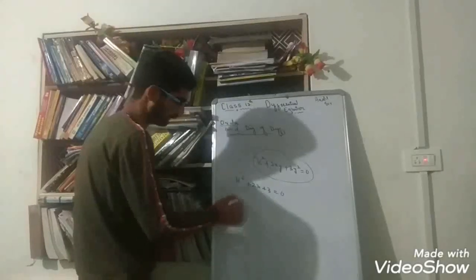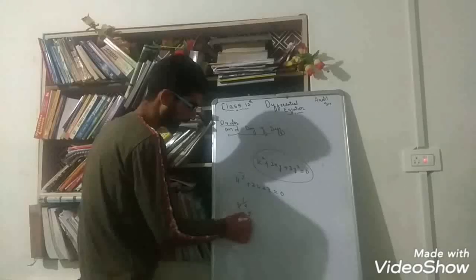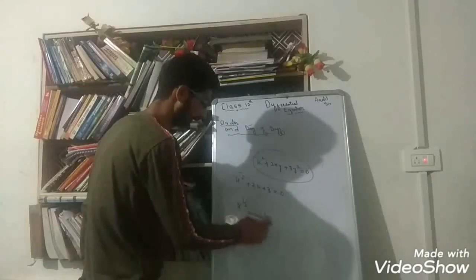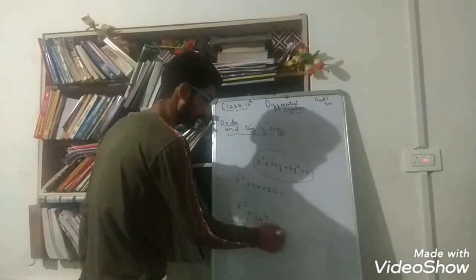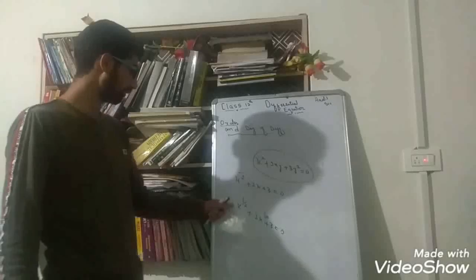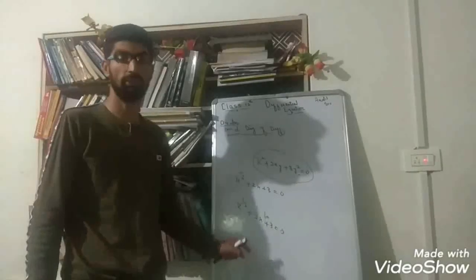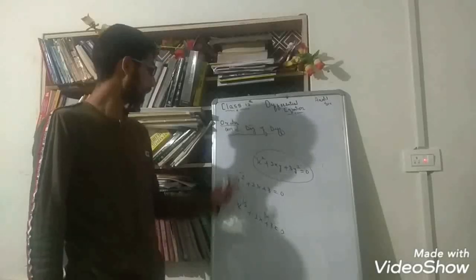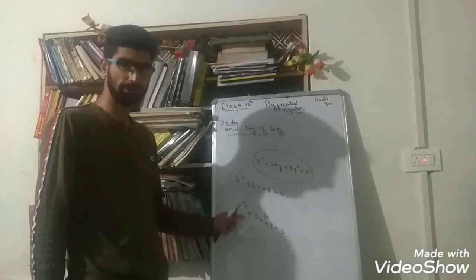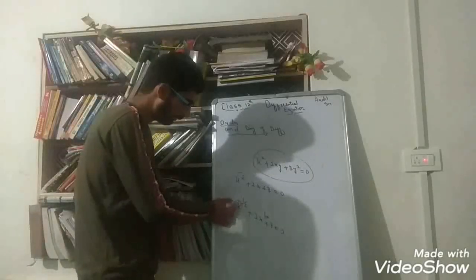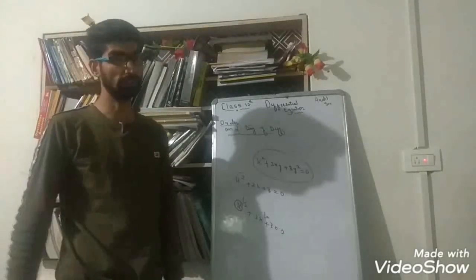Similarly, if we have an equation of this form, x to the power 1 divided by 2, plus 2x to the power 1 divided by 3, plus 2x plus 3 equals 0, clearly this is an equation but not a polynomial. Why? Because a polynomial is an algebraic expression having variable exponents as positive integers.